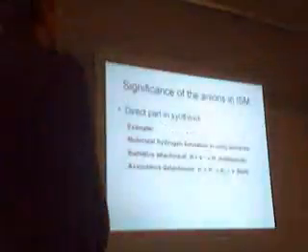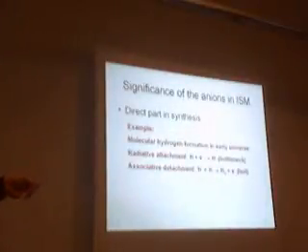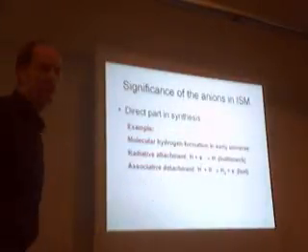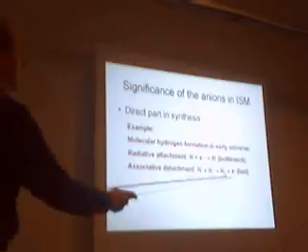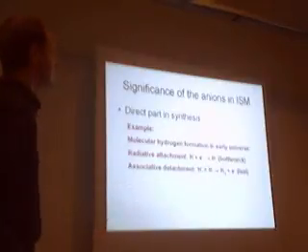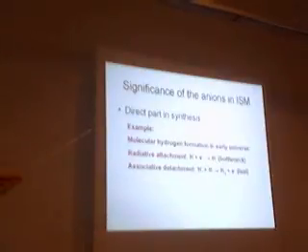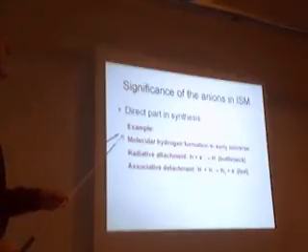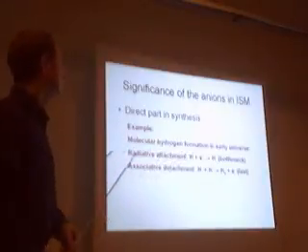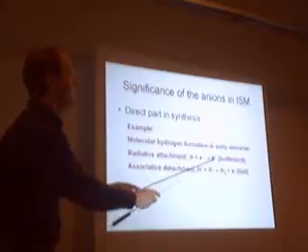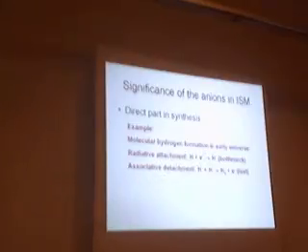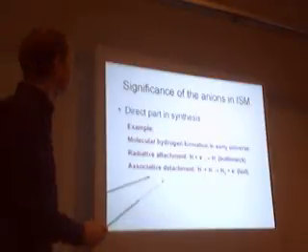This is an example from the simplest thing one can think of, producing H2. You start out with just hydrogen atoms, and this is the way the first molecules in the universe are expected to be produced. So first you have hydrogen, then a very slow process, the radiative attachment of a free electron to hydrogen to form H minus. So the anions precede the molecules historically in the universe.